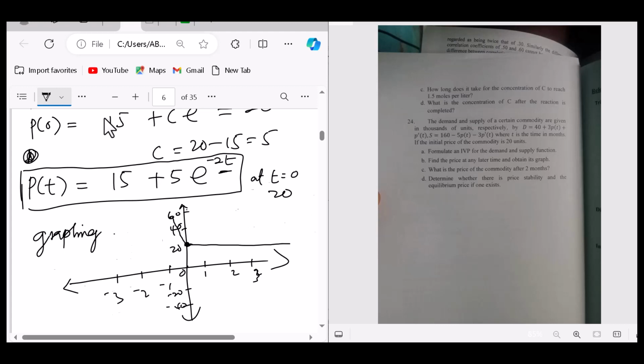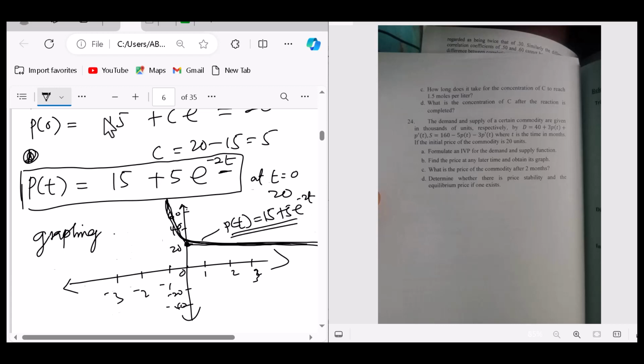This is how the graph looks. So this is our P of t, which goes to 15 plus 5 e to the power negative 2t.